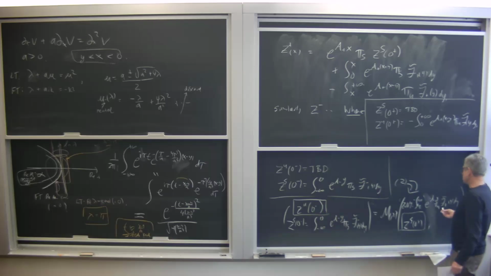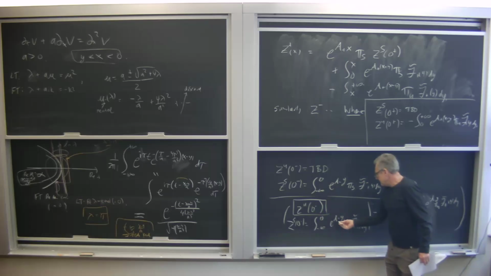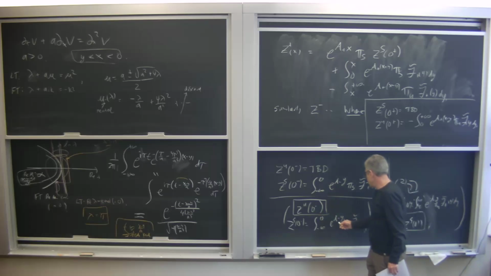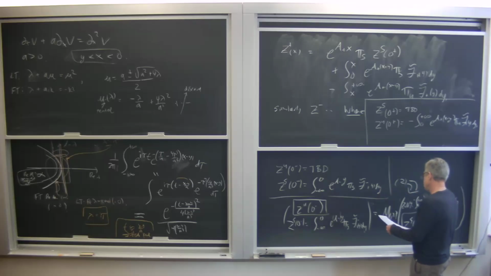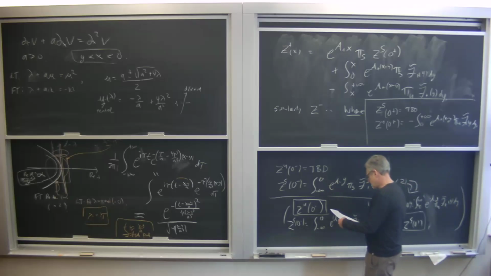And just notice that these make good sense, because this is a minus times y. Here y is negative. Let's see, hopefully I got this right. Maybe I have written it wrong.